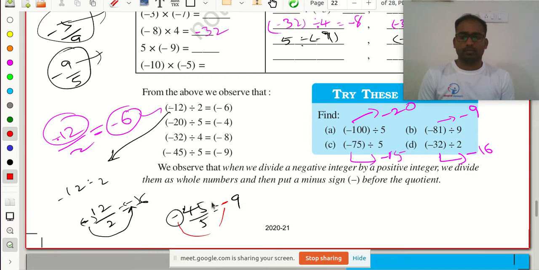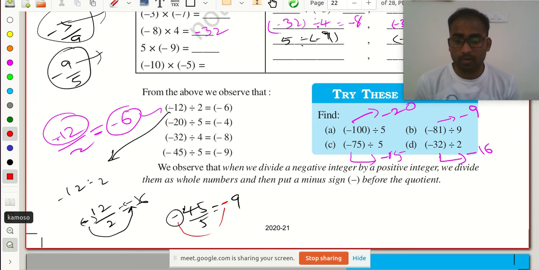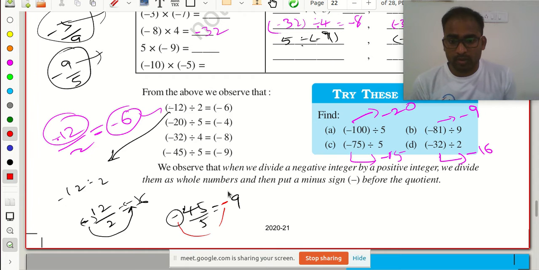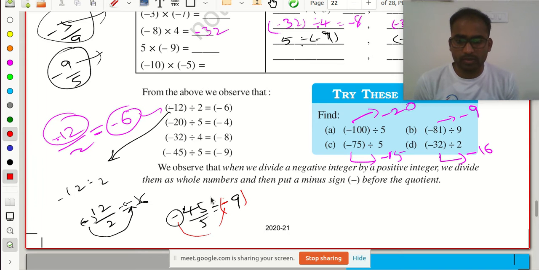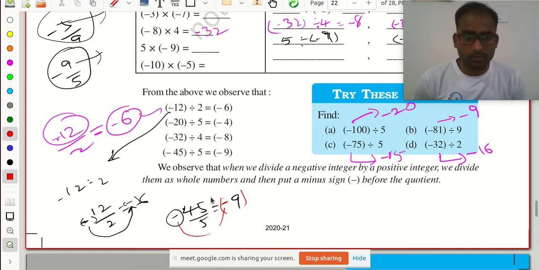Sir, should we keep the bigger number's sign? Sorry? We should keep the bigger number's sign as well? This sign? Yes, sir, we can keep it within the bracket. Can you ask one more time?